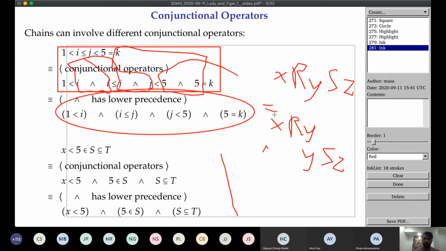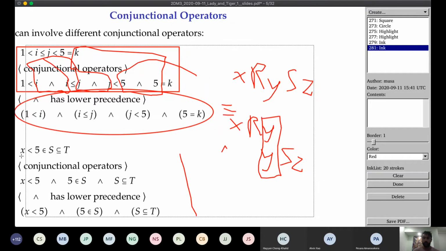Oh, my handwriting is the best, isn't it? So this is what it usually means to have conjunctional operators. Notice the repeated parts, the y's. If this was a very long expression, you would appreciate a conjunctional convention to avoid having to repeat it. All right, so let's move on.